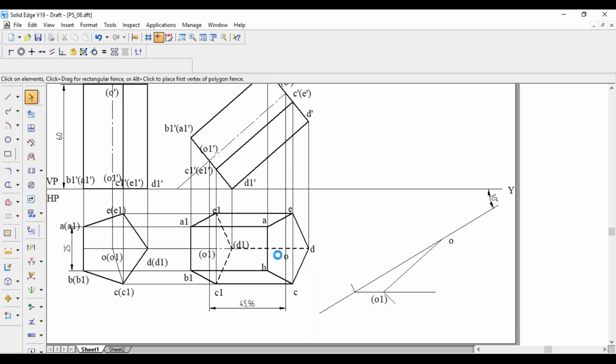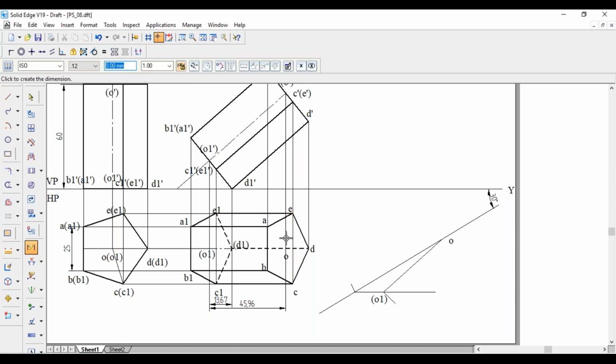D1 on that line only we will get. So D is the extension of O1. So D1 from O1 will measure O1 to D1. The length is 13.67. O to D also same length, 13.67. Now O1 as center, 13.67 mm as radius.